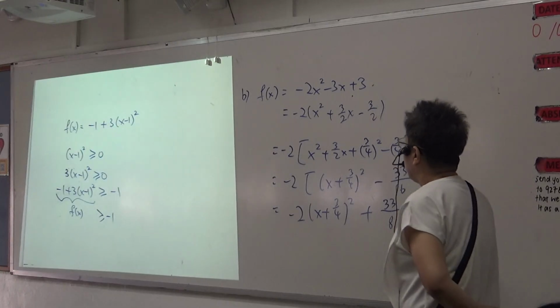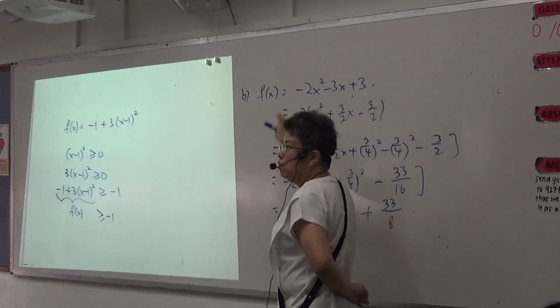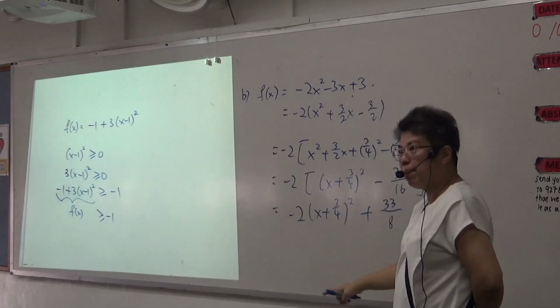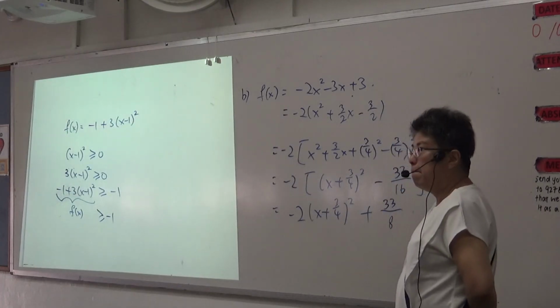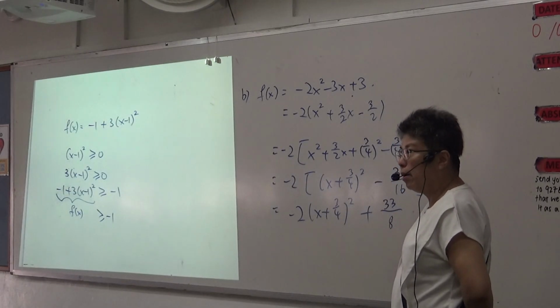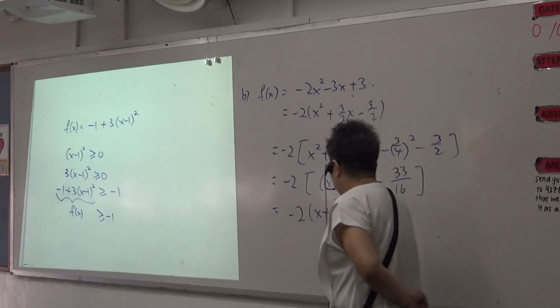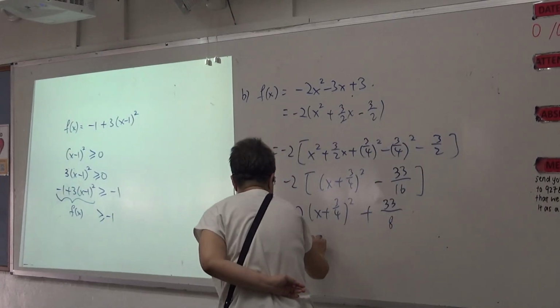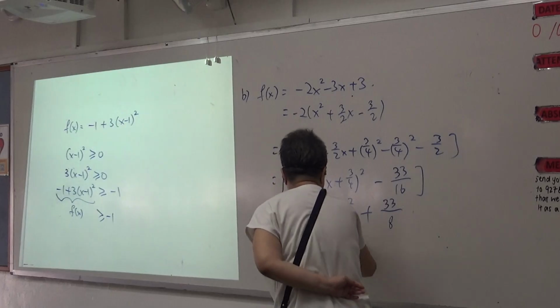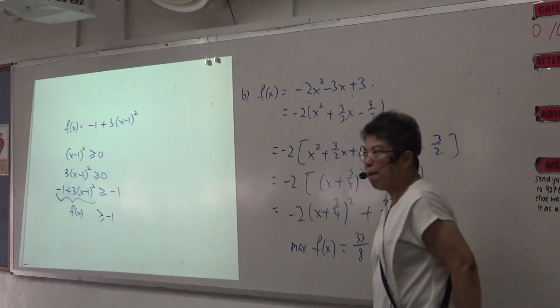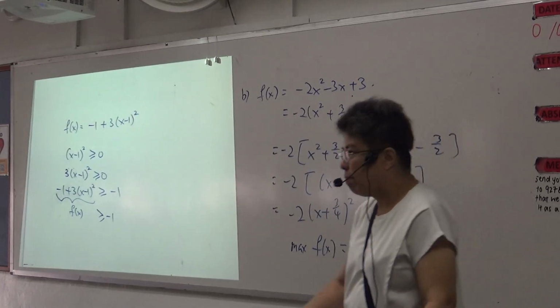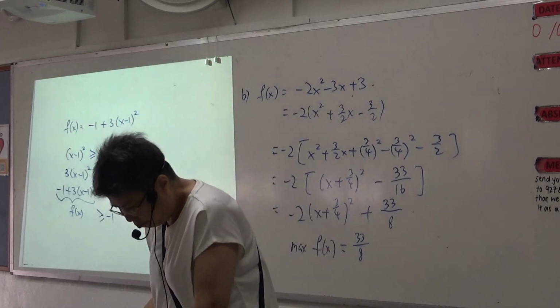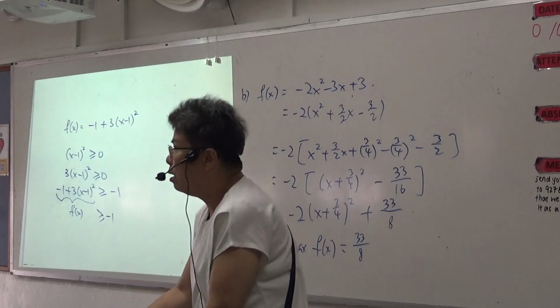Now, this is a negative coefficient, so it's an N shape, right? That means this is a maximum value, correct? So the maximum value of f(x) must be 33 over 8, right? Can you see it?